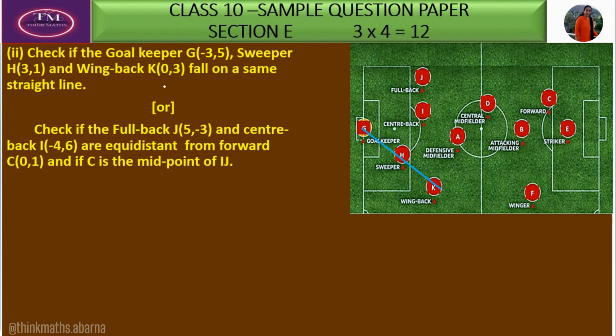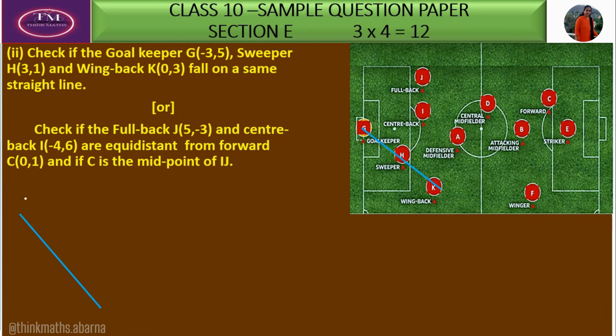So here we have choice. So first one is check if the goalkeeper G of minus 3 comma 5, sweeper H of 3 comma 1 and wingback K of 0 comma 3 fall on a same straight line. So this is the straight line. We have to check whether they form on a same straight line.